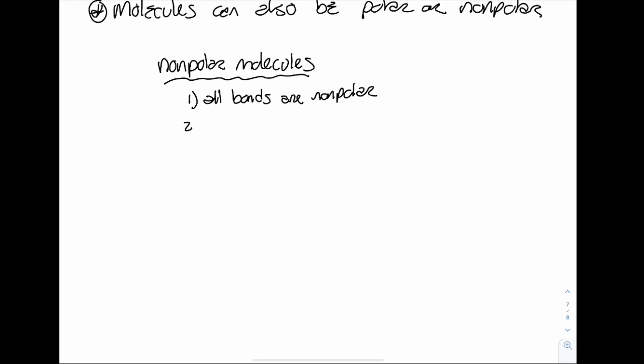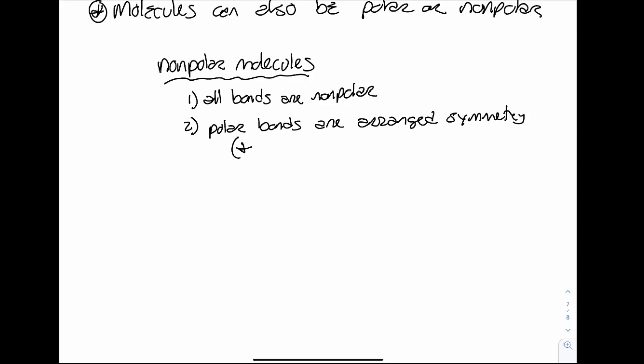Our other option is you have polar bonds, but they're arranged symmetrically, and because they're arranged symmetrically, they cancel each other out. And I will draw some structures so you can see an example of this.